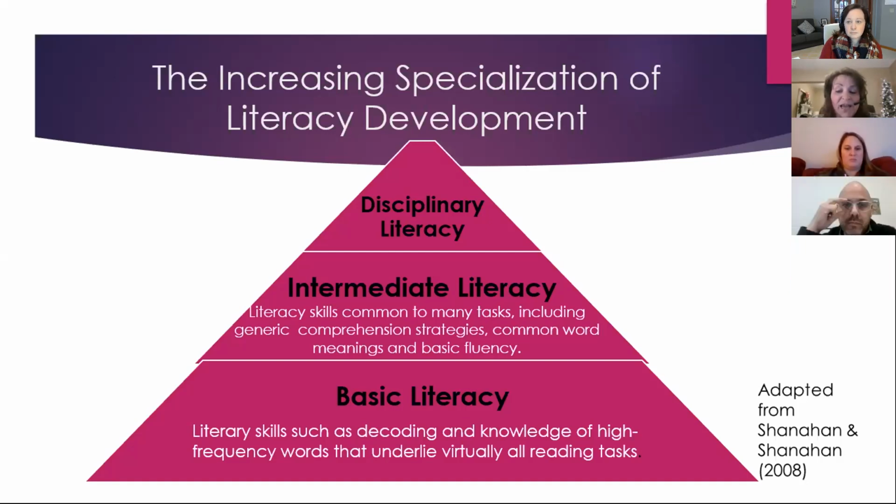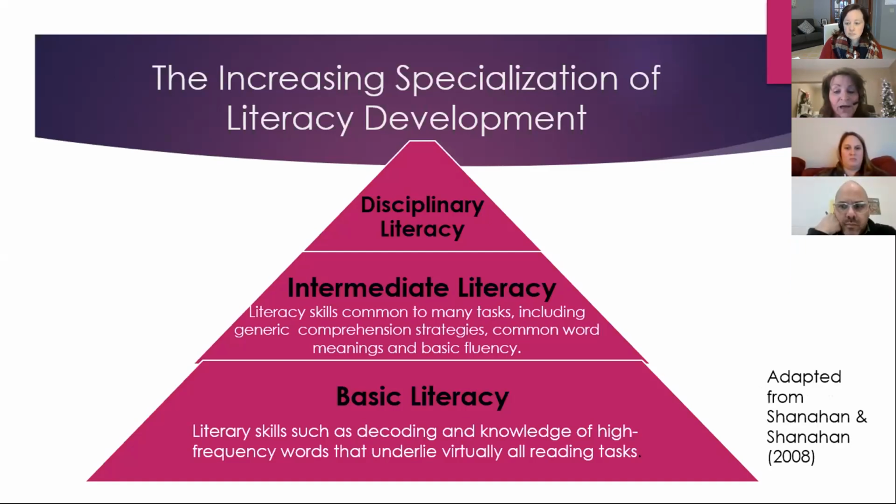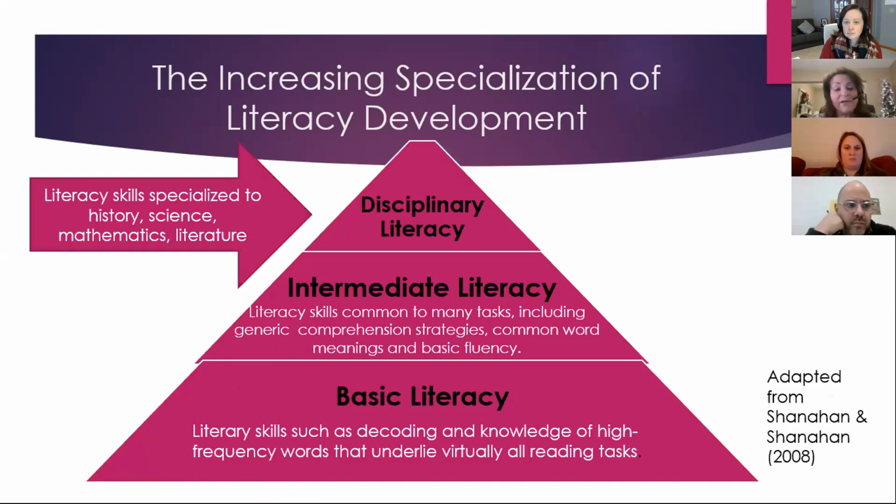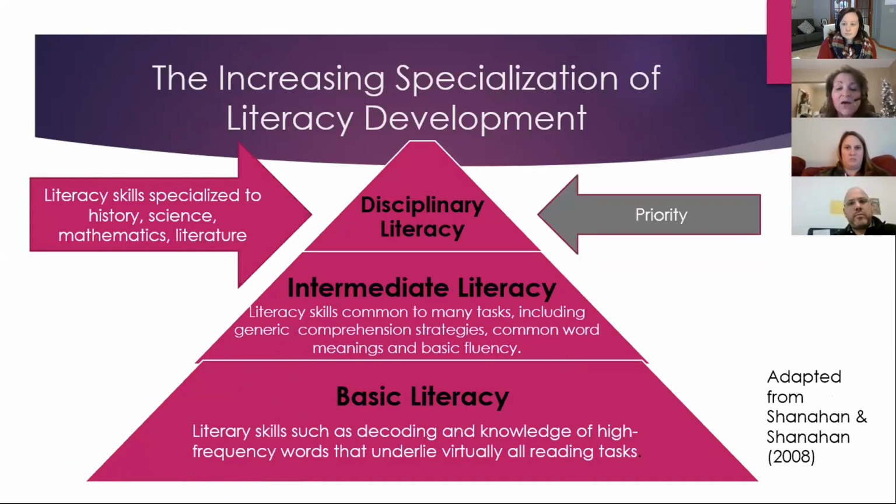So this is from Shanahan and Shanahan from the University of Illinois, and disciplinary literacy is those literacy skills that are specialized to social science, or to science, or to math, or to literature. And that's our priority that we're going to talk about today when we talk about helping kids remember what they read in social science, because we kind of have to get them to know a little bit about how social science is written and how that differs.